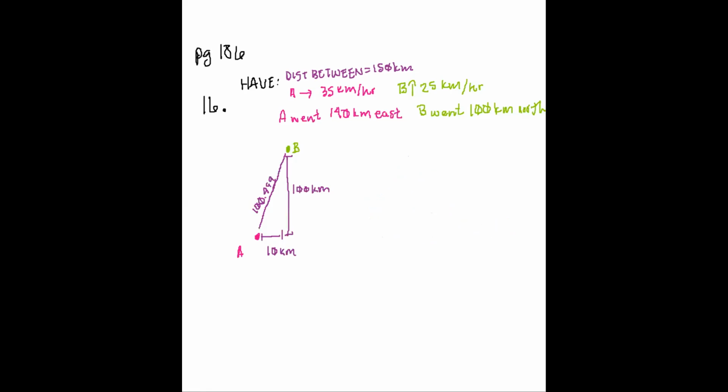So we want to know this number here in the purple, how fast is it changing at 4 p.m.? So to do that, we are going to be taking some derivatives with respect to time. We need to build ourselves an equation out of something. I'm going to write down what we want right now.